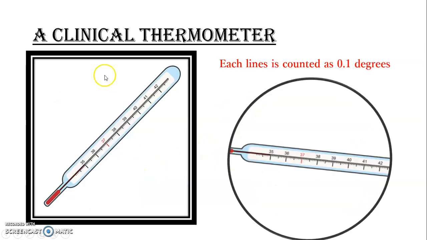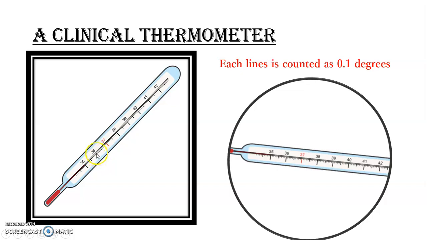Now, looking at the clinical thermometer, for a clinical thermometer, each line here represents 0.1 degrees. That's in decimal. So let's start from 35. This is 35. Here you have 35.1, 35.2, 35.3, 35.4, 35.5, 35.6, 35.7, 35.8, 35.9, and 36.